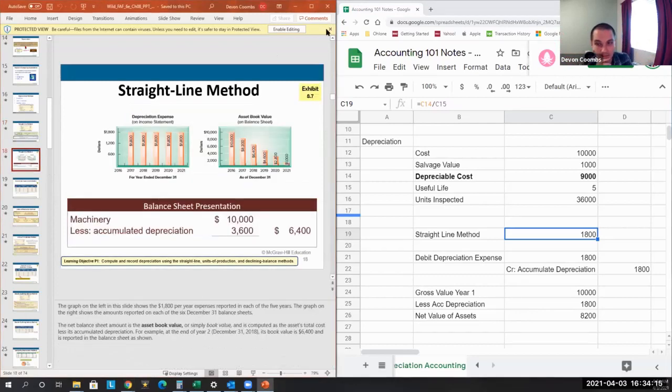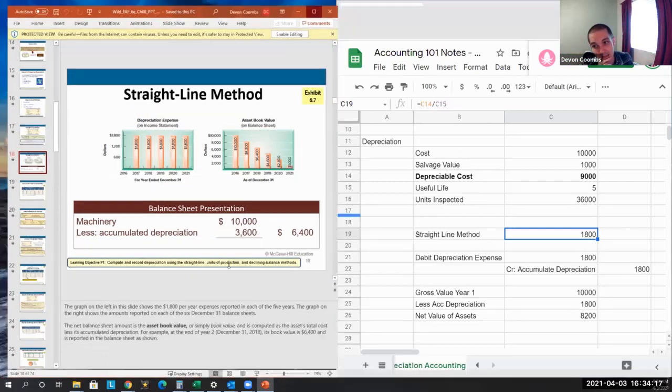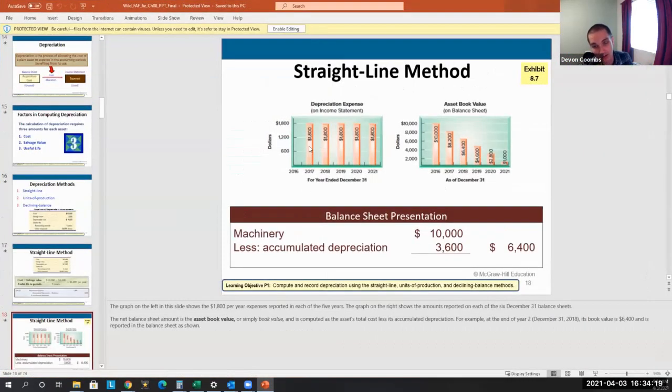See, the straight line method gives us kind of a clean accounting where if we bought it at the beginning of the year, every year we'd recognize $1,800 of expense, and our net asset value would go down by $1,800 until we hit the end of its useful life, where it would then be worth $1,000. And that's that. Then we'd either sell it or dispose of it, or we might keep it, and then we might have to revise estimates. We're going to that.